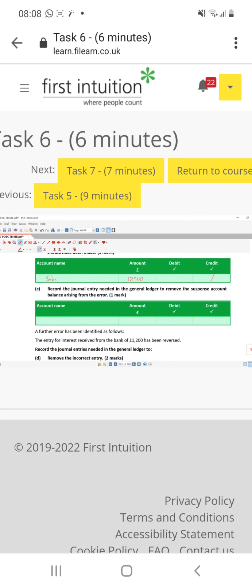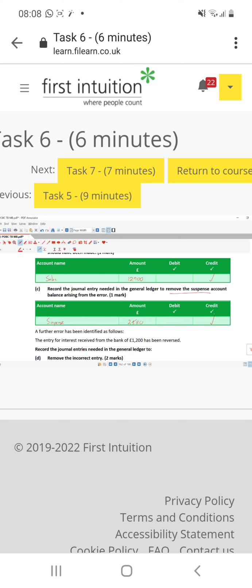And lastly, to remove the suspense account, we will of course go to the suspense account, and this is for the difference between the 15,480 and the 12,900, which is 2,580. Okay, and to remove that suspense account here, we will have to credit it, to get that suspense account back to zero.